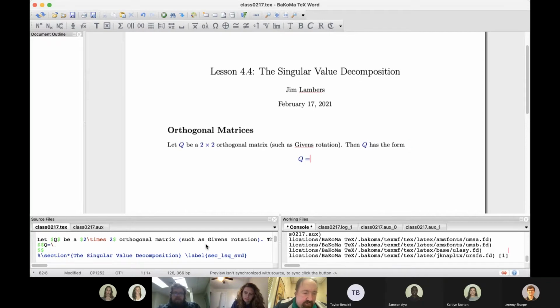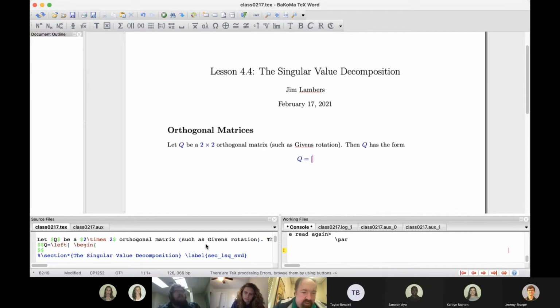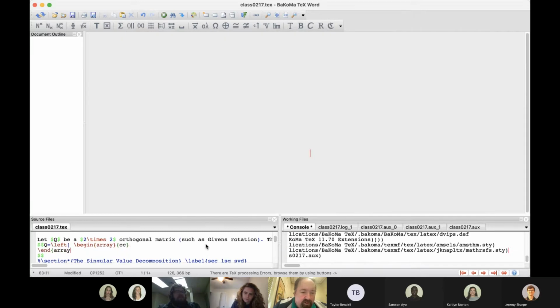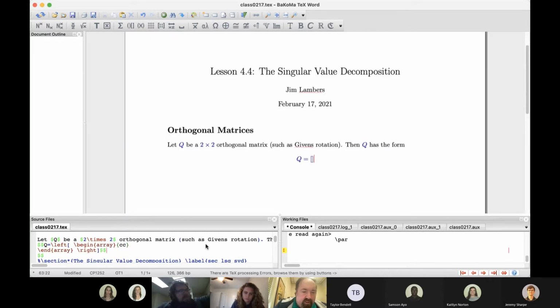In the 2x2 case, it's actually possible to characterize all orthogonal matrices. One form is one that we are familiar with from Givens rotations.